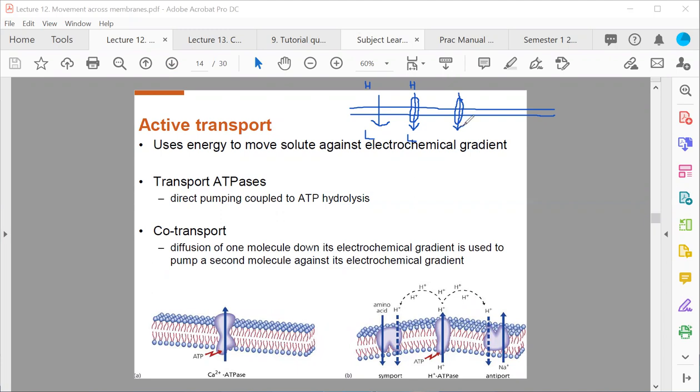But this time, the difference is that rather than going down a concentration gradient, we're going up a gradient, from low concentration to high concentration. Active transport requires energy, hence the term active. It requires an input of energy to move the solute against its concentration gradient or its electrochemical gradient.